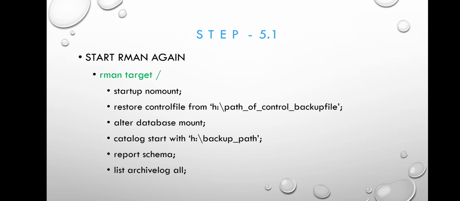Step 5.1, now we will go back to RMAN and run the commands as mentioned. First start the DB with nomount, like startup nomount, then restore controlfile, carefully mentioning the path of the backup file, then mount the database with the command alter database mount, and now catalog all the backup with RMAN, so RMAN can read all backup files.